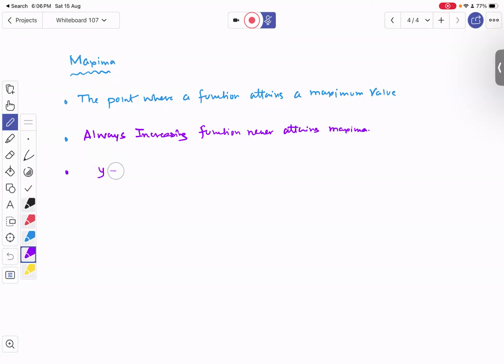Suppose I give you y equals e to the power 3x plus 5, find dy by dx. That's an exercise. Or y equals e power x.